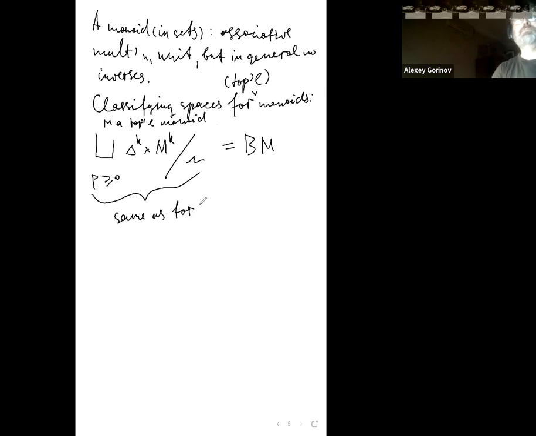And basically, the definition is exactly the same as for groups.